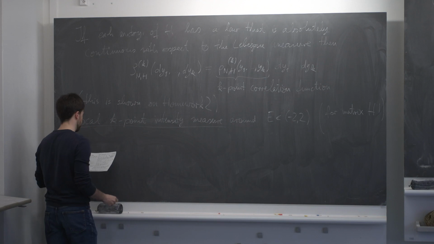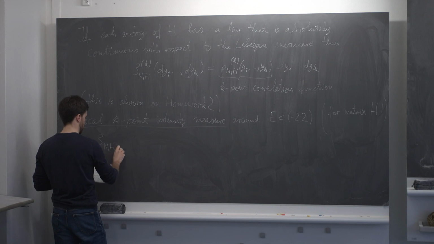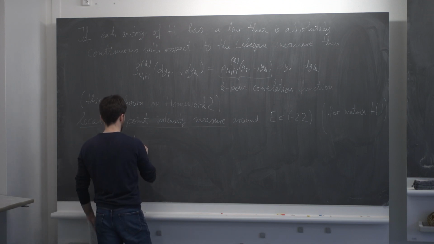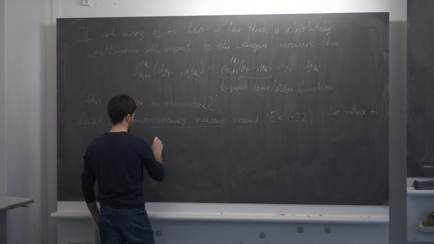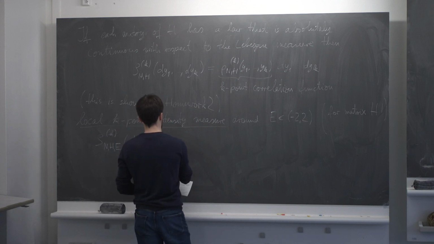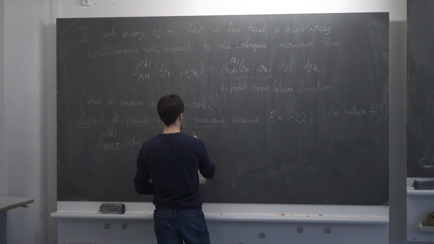And so I will now write rho n H E k. This is again a measure. Take the alpha k, and then I have this following suggestive notation.